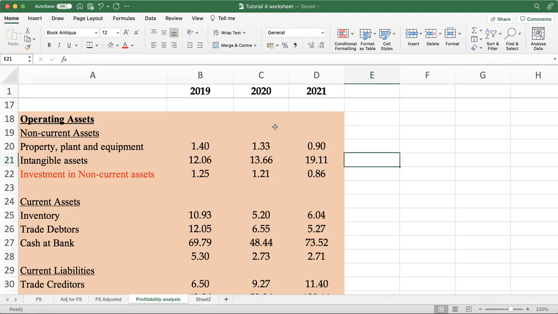But if you see property, plant and equipment turnover, that's important for our analysis. Then inventory turnover is important. Debtors turnover, important ratio for our analysis. Cash turnover, important.